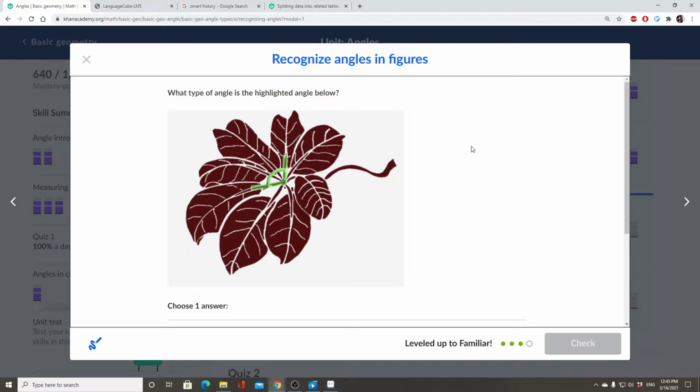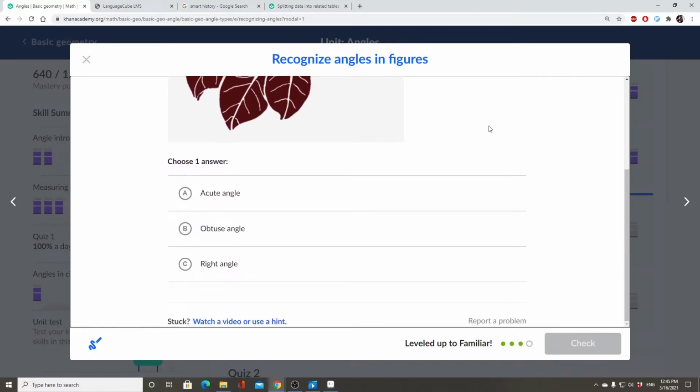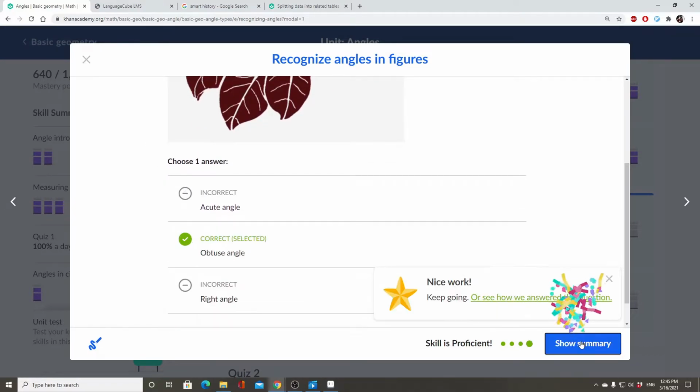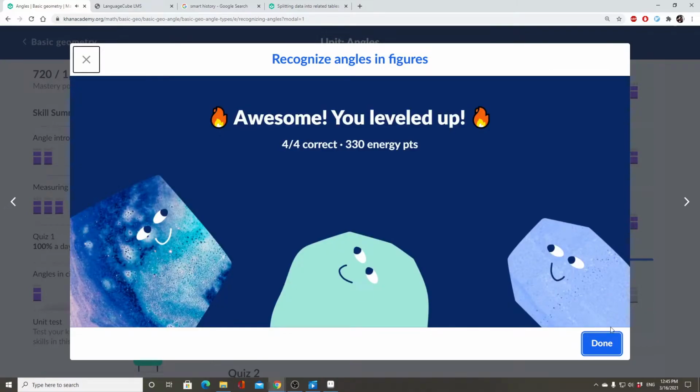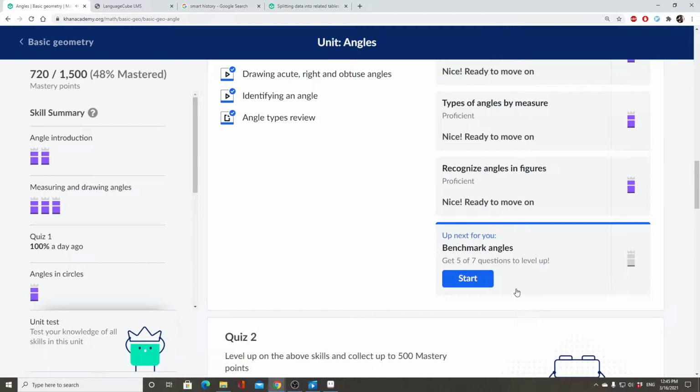But if you understand shapes and lines, art can be a little easier to understand. Something I learned in the art history course, actually. So choose one answer. Okay, that's an obtuse. Cool.